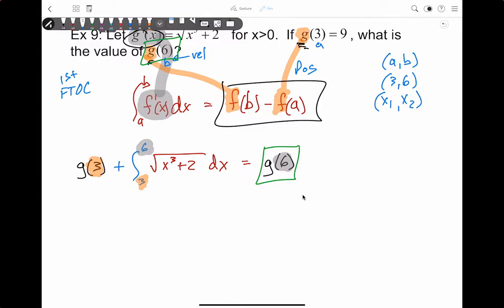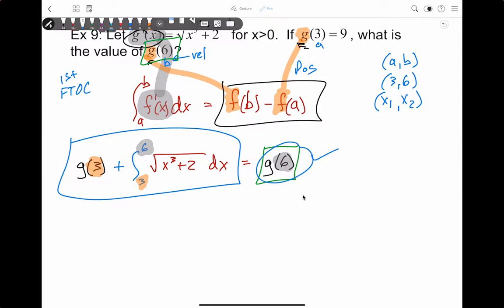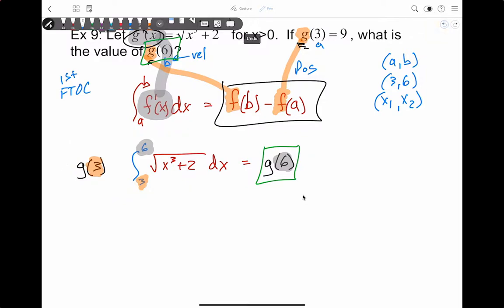I think it was on video 1 that we started off with notes. Okay, so all we have to do is solve all of this, and we have our answer of what is the value of g of 6. Again, first fundamental theorem. All right, so let's look back at the pieces that we are given. We know that g of 3 equals 9.